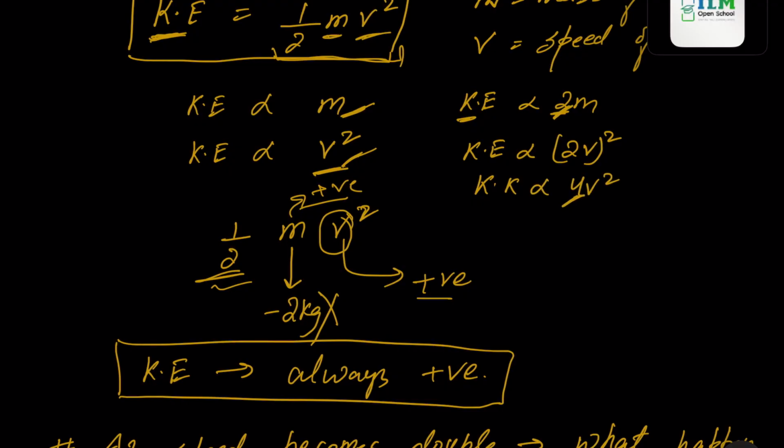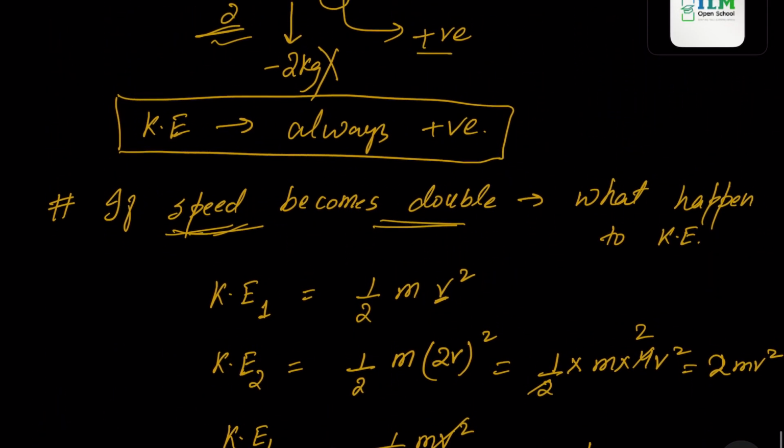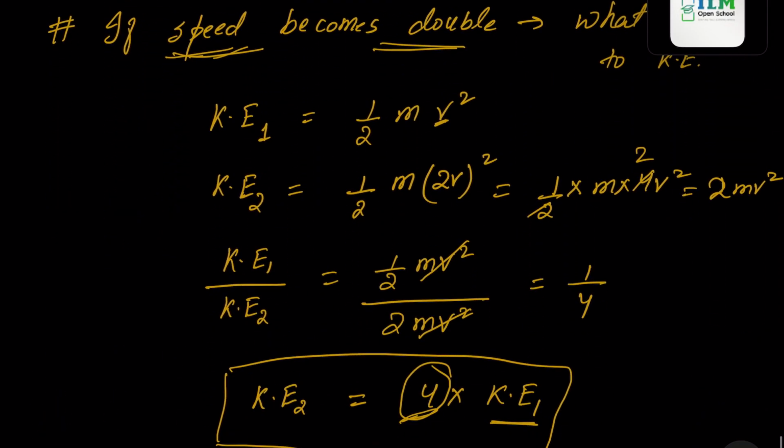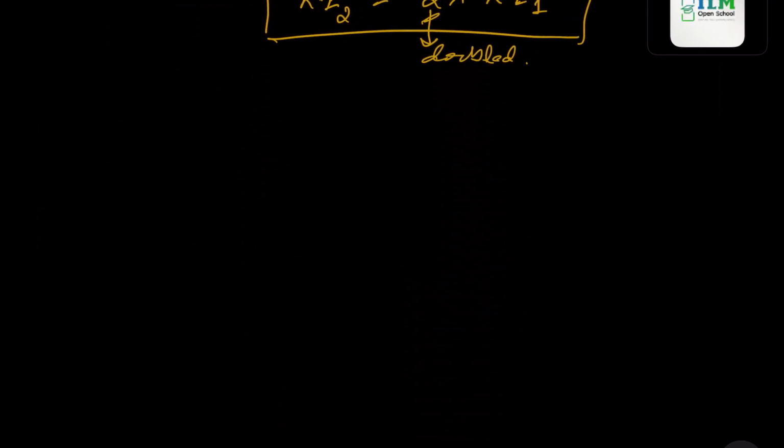So you can see that this is 2 times, this is 4 times. If we want to see it shortly, we can see it from here. And if there is a question that asks what happens when I double the speed, then you should solve it like this. So this is the concept of what happens when we change the speed and mass.